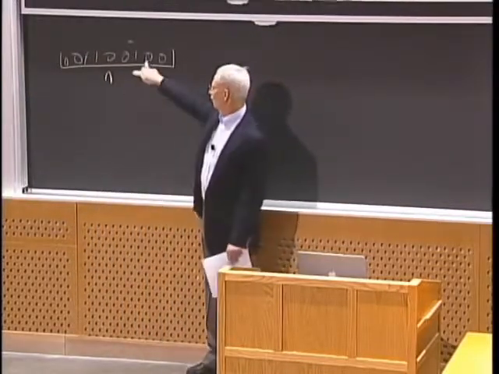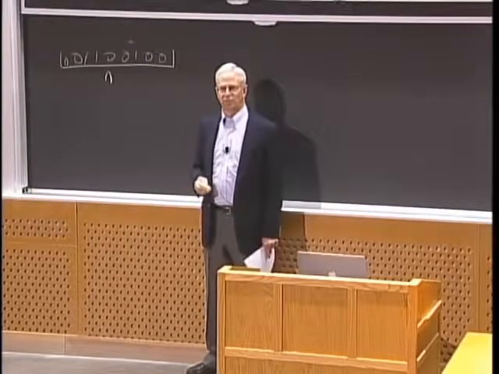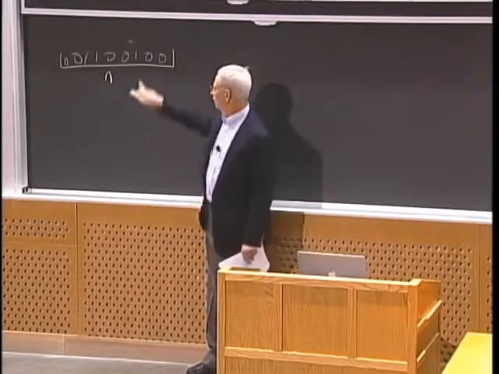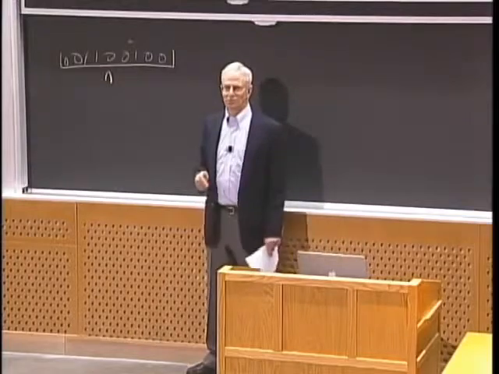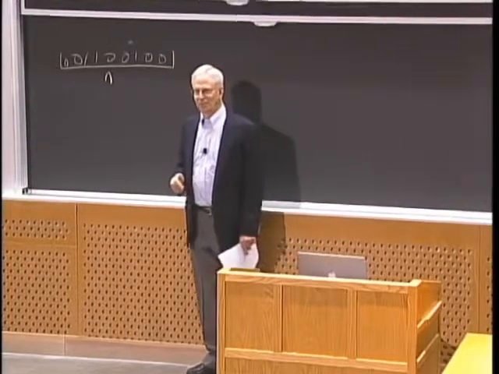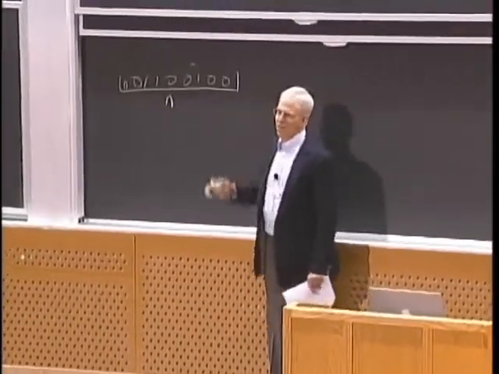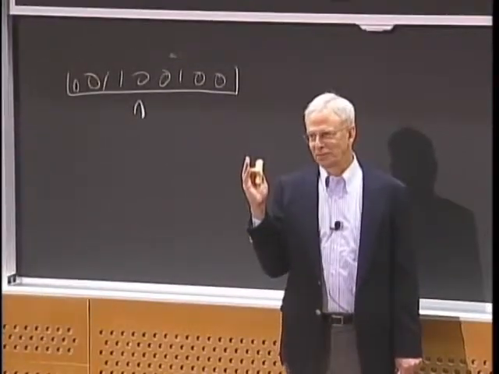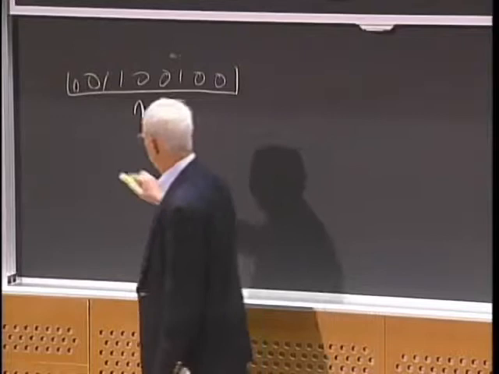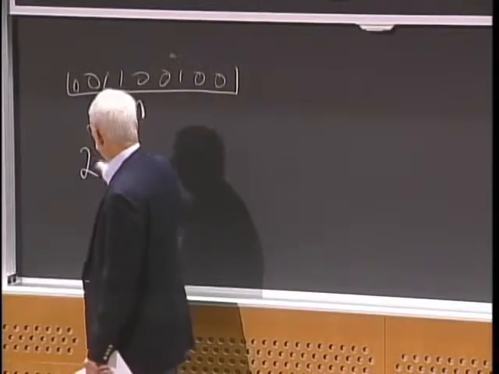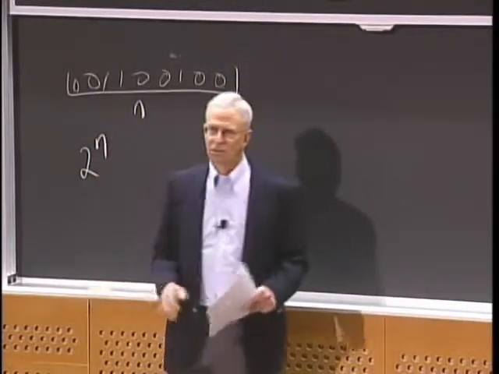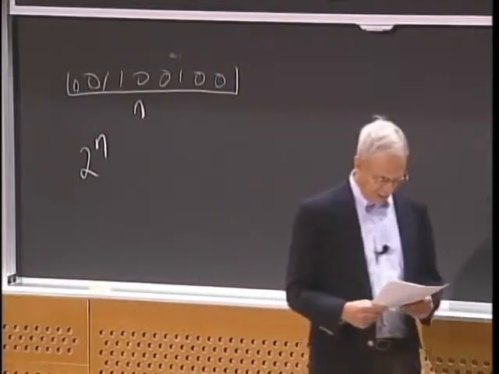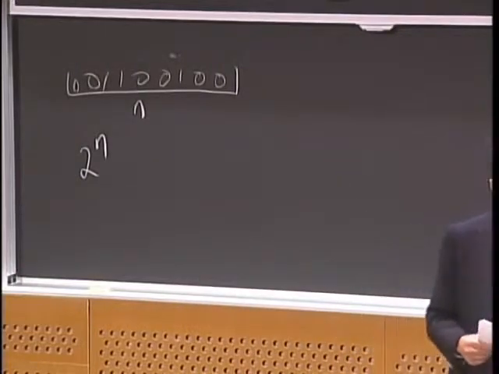How many possible combinations of 0, 1s are there? 2 to the n. Because essentially, this is a binary number. Exactly. And so if I have an n-bit binary number, I can represent 2 to the n different values. And so we see that we have 2 to the n possible combinations to look at if we use a brute force solution.